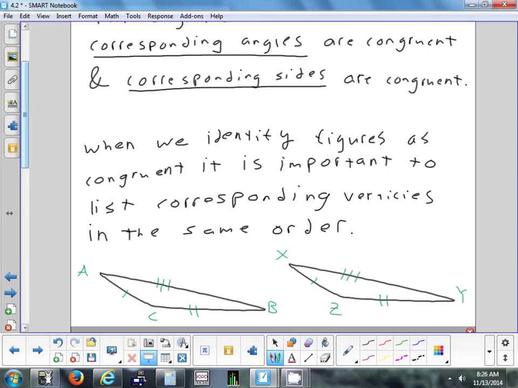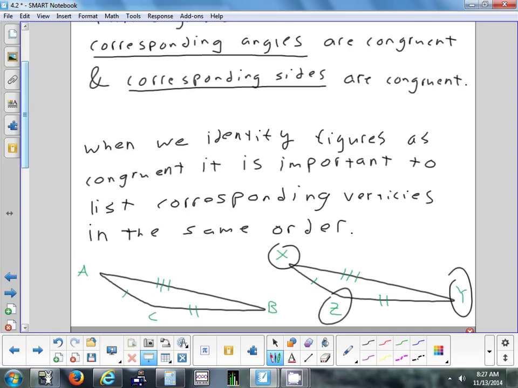So he started with A, which is the one that connects the side with 1 tick mark and 3. So we'd have to start with X. Then he said B. That's the vertex where the sides with 3 and 2 come together. And then C. That's the vertex where the 1 and the 2 tick mark sides come together.